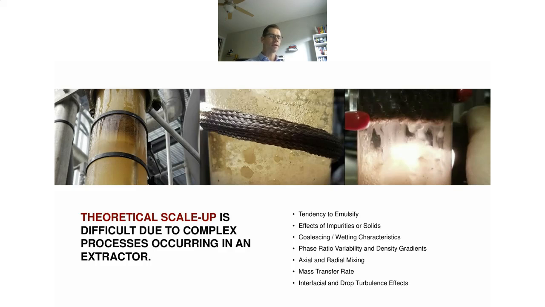Also things like the impact of coalescing on the internals and the wetting characteristics of both liquids on the internals. Those can have a huge impact on just running the extraction process itself. So you always want to run a pilot test, and that's the best way forward.